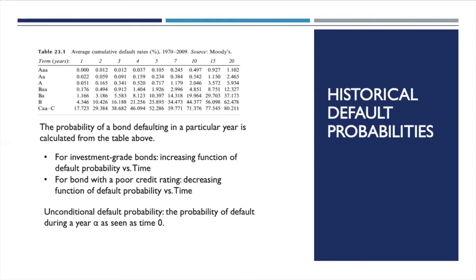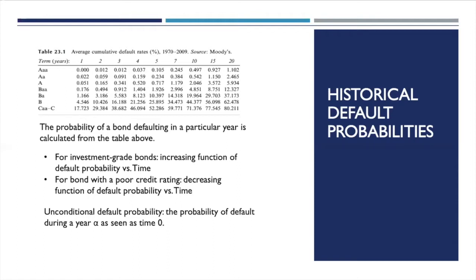On the other hand, for bonds with poor credit ratings, the probability of default is often a decreasing function of time. This happens because for a bond with these ratings, the next year or the next 2 years may be critical. The longer the issuer survives, the greater the chance that its financial health will improve.